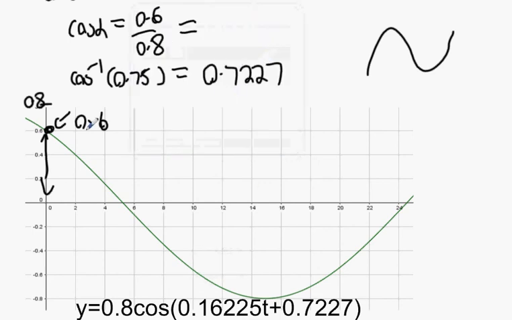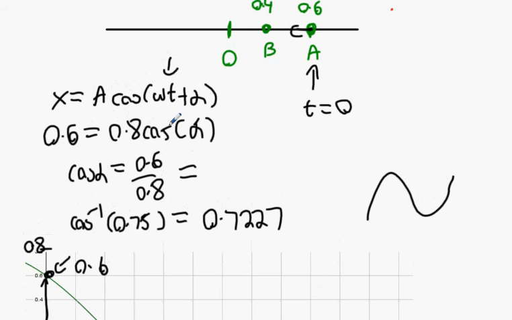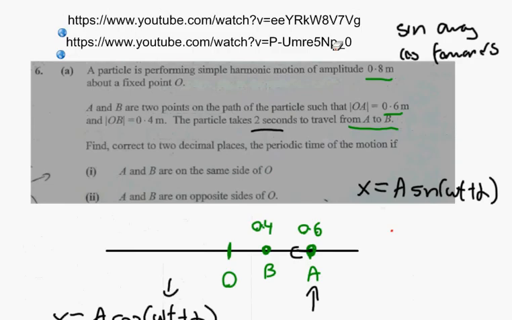Now we know that the alpha variable is 0.7227. Remember the whole point of the question is to find out the periodic time of motion. If you're looking for the periodic time of motion, you're looking at t equals 2 pi over omega. Our whole goal is to find the omega value.